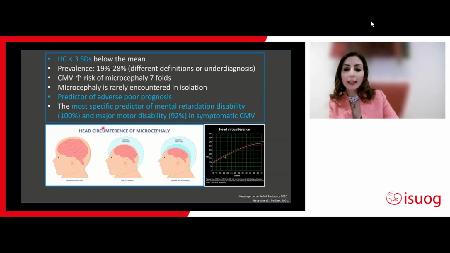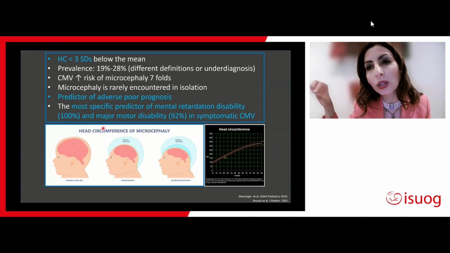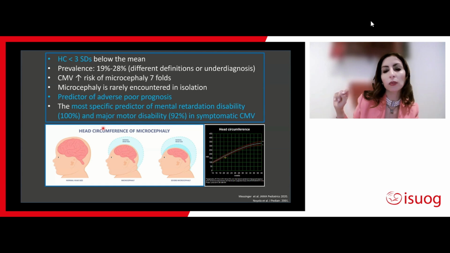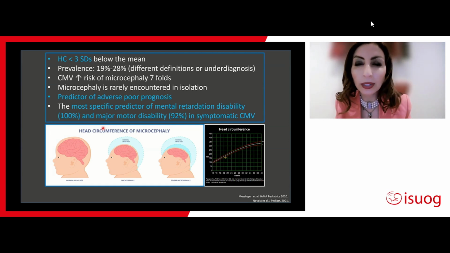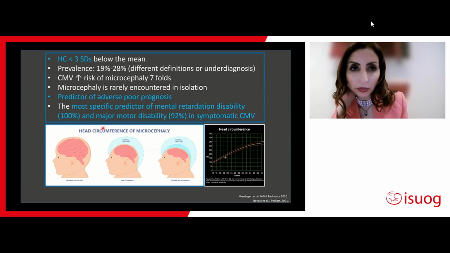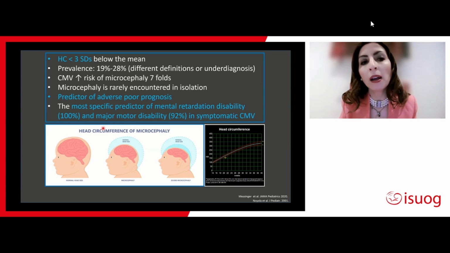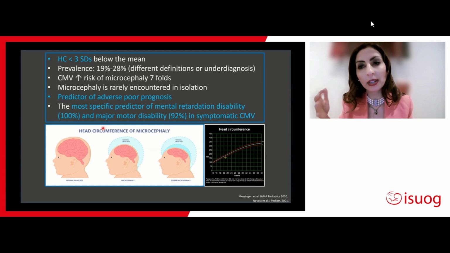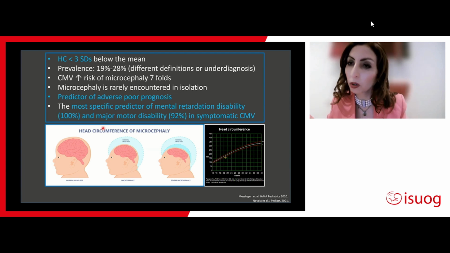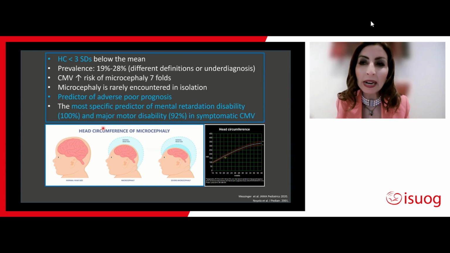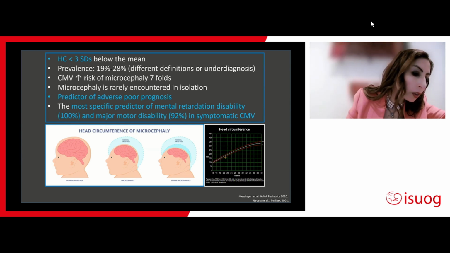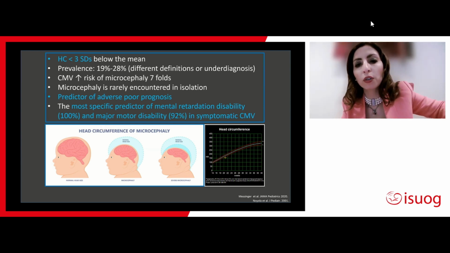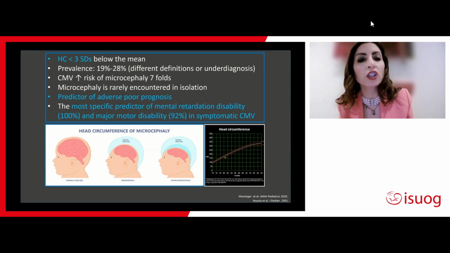I think what I'm going to do over the next few minutes is go through each of these ultrasound abnormalities or findings and discuss with you their prognostic values. So for example, microcephaly is diagnosed when you have a head circumference less than 3 standard deviations below the mean. How common is microcephaly in cases of congenital CMV infection?